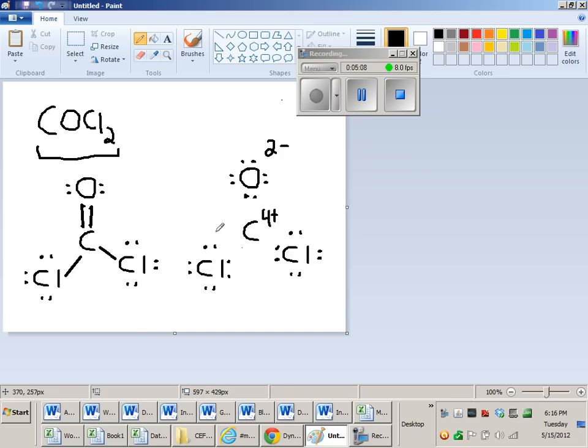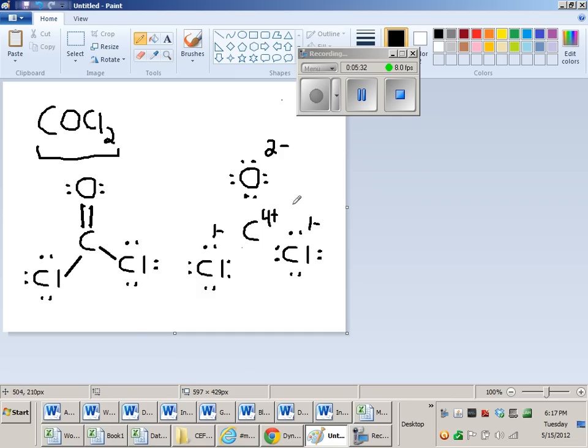So that's 1 extra electron. That's a -1 charge for each of these. So if you had to assign an oxidation state, or a formal charge, or charge, whatever you want to call it, you could say that formally there's a -1 charge on each of the chlorines, a -2 charge on the oxygen, and a +4 charge on the carbon.